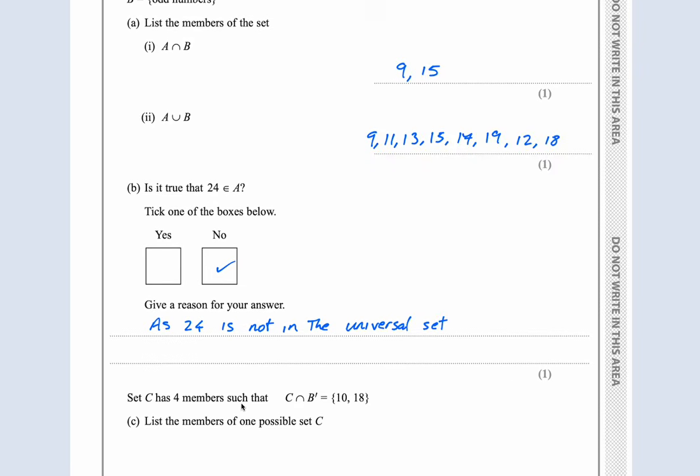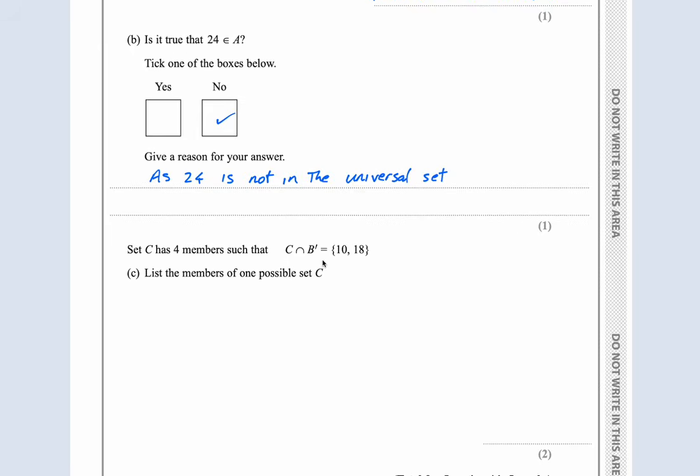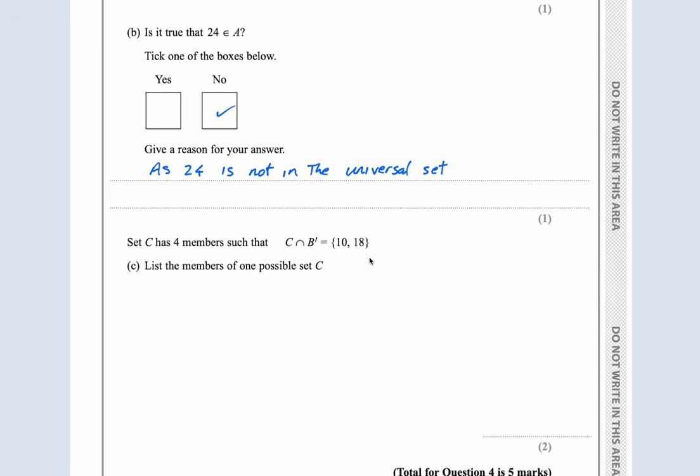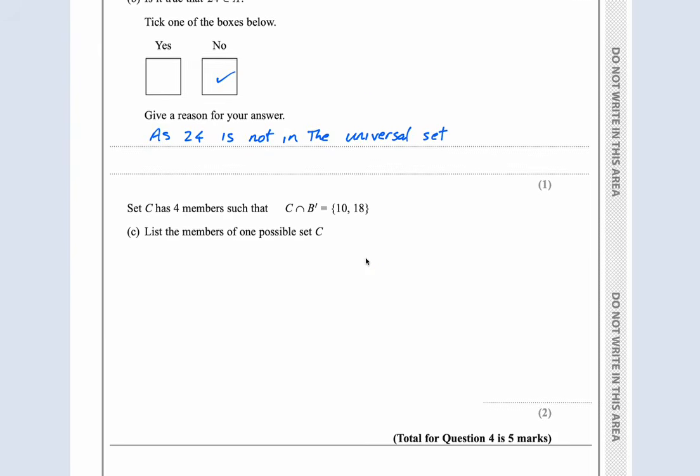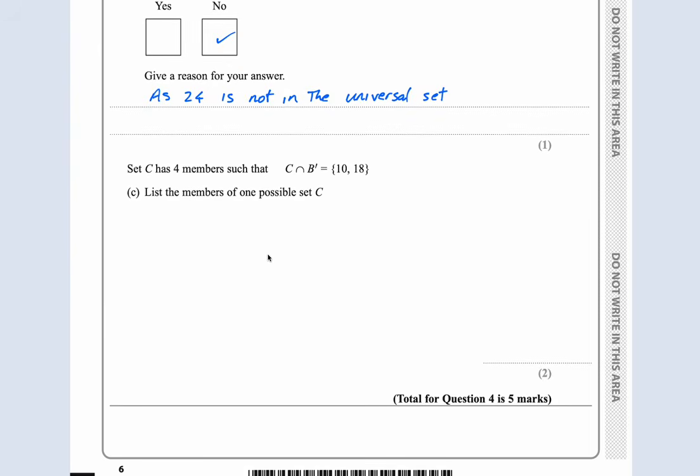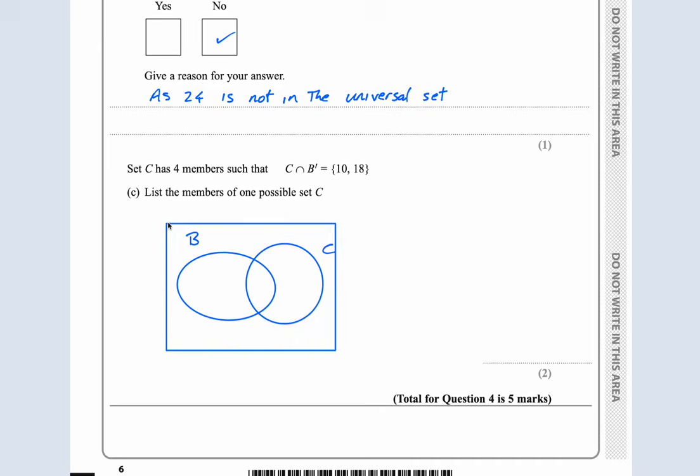Set C has 4 members, such that C intersection not B is 10 and 18. Okay, so guys, I'm going to actually draw a Venn diagram here to make this a bit easier. So here we have this and this. Okay, let's call this B and this C, and this is going to be my universal set.